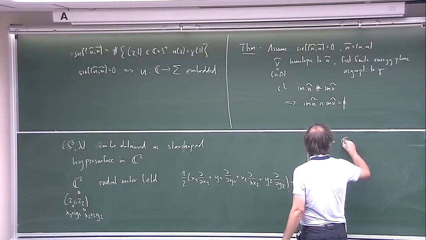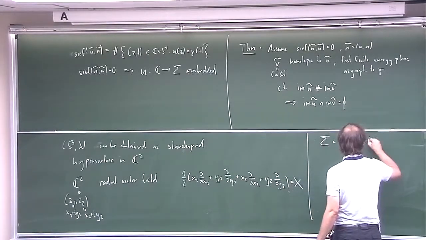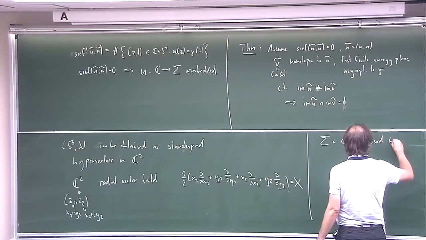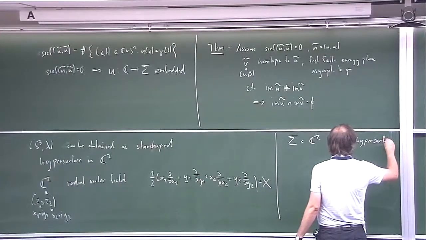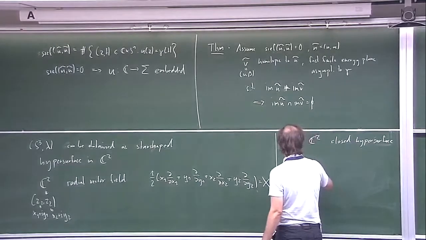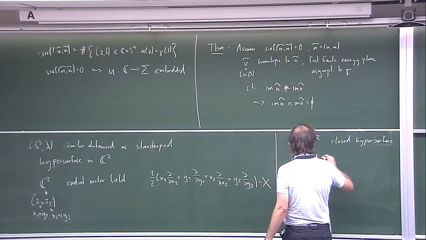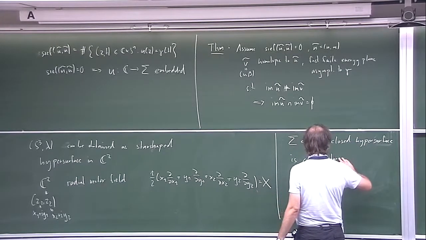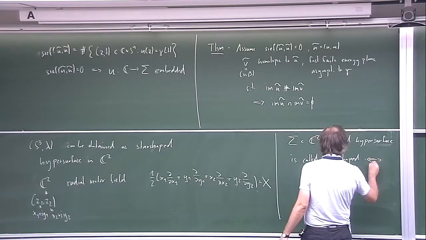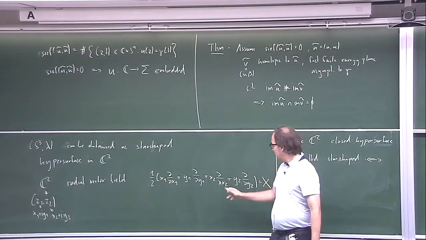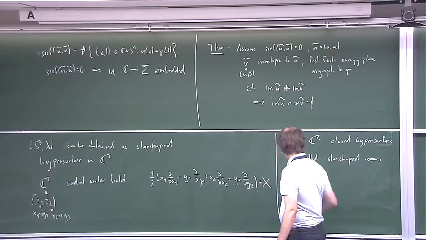A closed hypersurface sigma in C2 is called star-shaped if and only if this radial vector field is transverse to sigma.